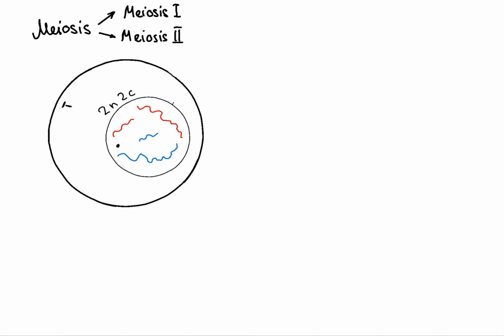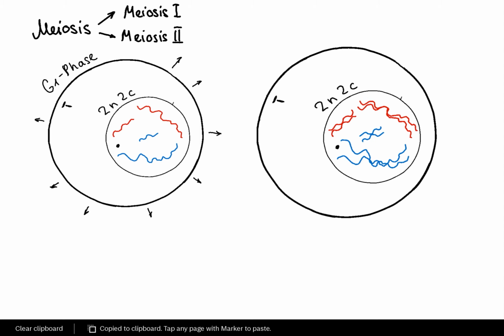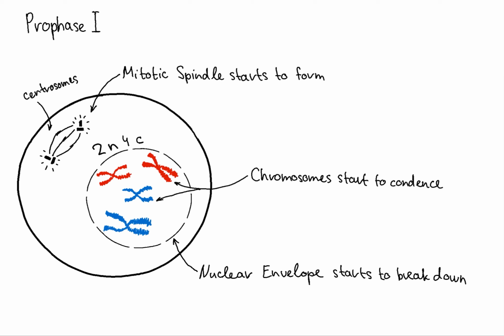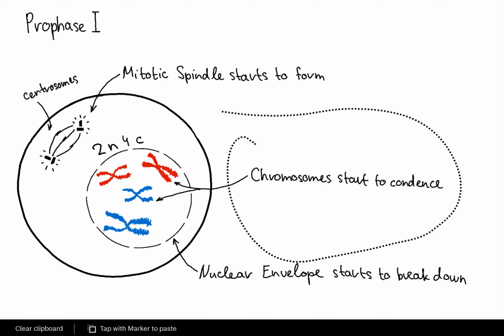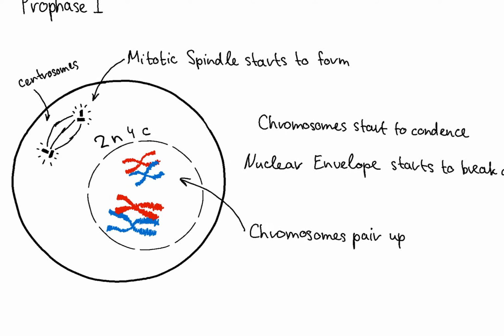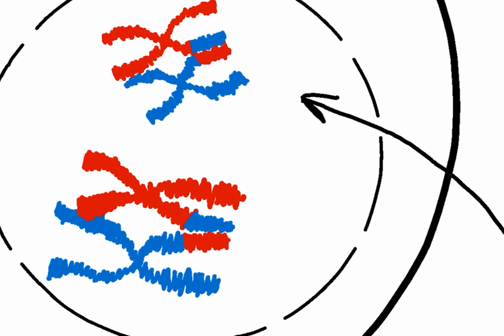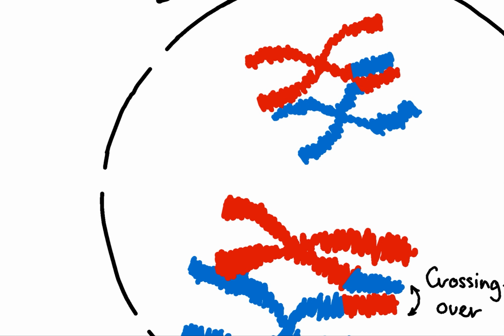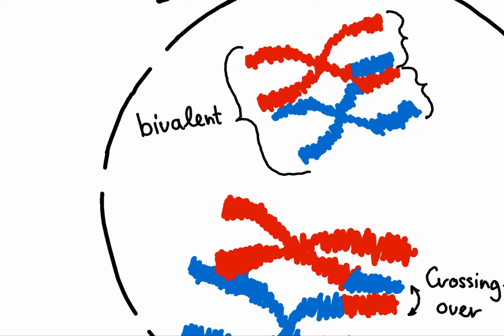As in mitosis, the cell grows during G1 phase, copies all of its chromosomes during S phase, and prepares for division during G2 phase. During prophase 1, chromosomes condense, as in mitosis, but they also pair up in order to trade their parts in the process called crossing over. The pairs of connected chromosomes are called bivalents, and the chromosomes are called homologous chromosomes.